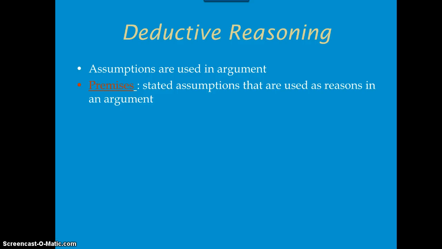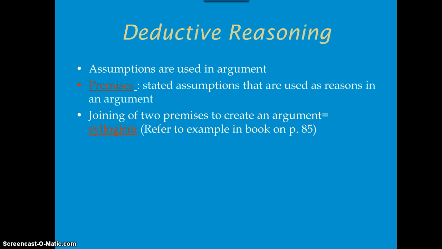So one thing to keep in mind is that in deductive reasoning, there's got to be an assumption. And assumptions are actually called premises that are used as reasons in deductive reasoning. Okay, we have a major premise and a minor premise, and then your conclusion. And you can refer to the example in your book on page 85 if you need further clarification of that.